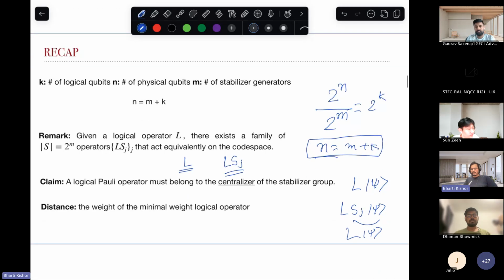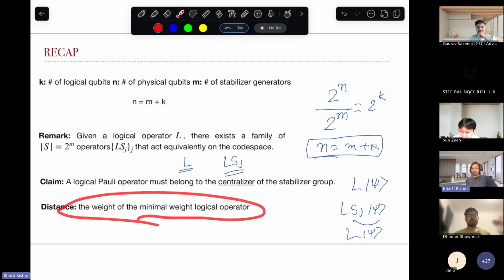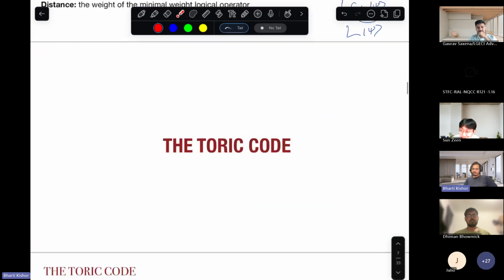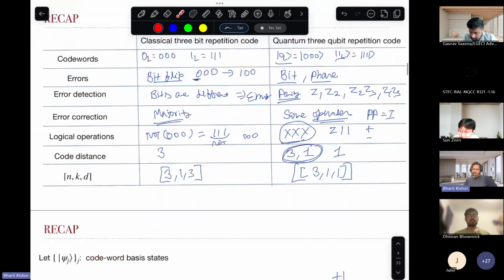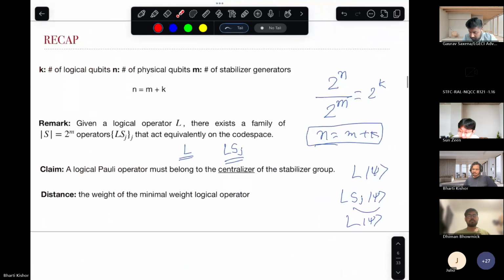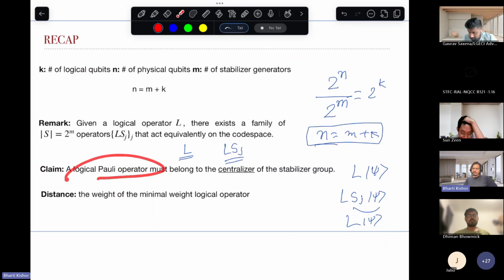And then we looked at distance, which was the weight of the minimal weight logical operator. So that was the distance in this formalism. Okay. So we studied these things last time. And the logical operator must belong to the centralizer of the stabilizer group, because it has to commute with all the stabilizer elements. It should not take you outside the encoded subspace.